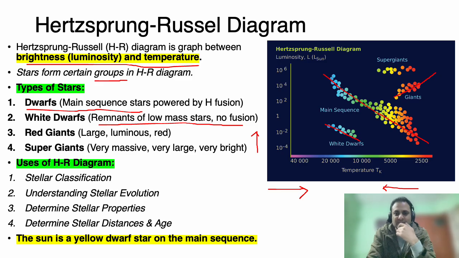But along the y-axis they are quite high, so they are cool but bright stars. And then there is a special branch called supergiants. They are high in mass, very high in luminosity, but the temperature is not very high. Because the size and the mass are very high, they are extremely bright.